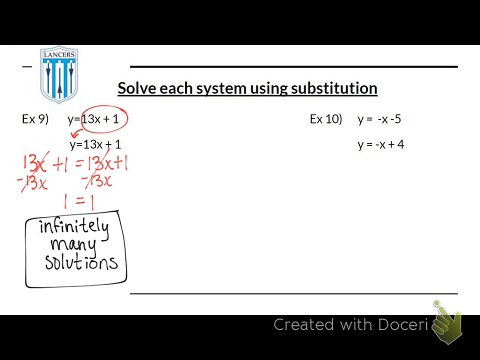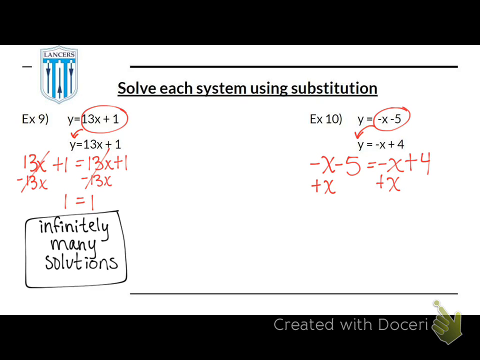Number 10, let's start it off the same way. We are going to take this negative x minus 5 and plug it in to y in our other equation. If I want all of my variables to be together, what am I going to do? Add an x. Do it to one side, do it to the other.